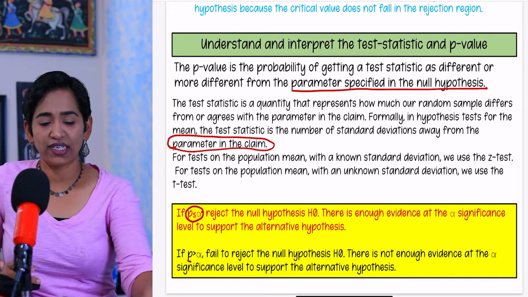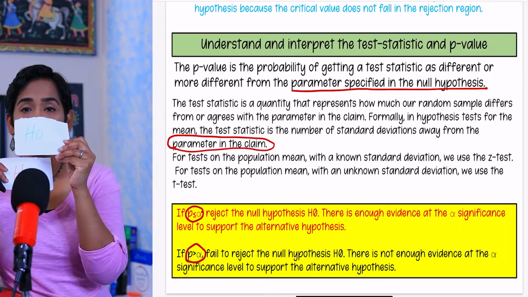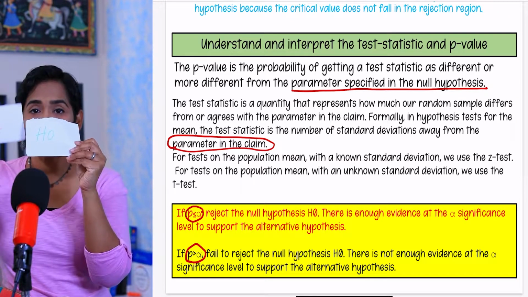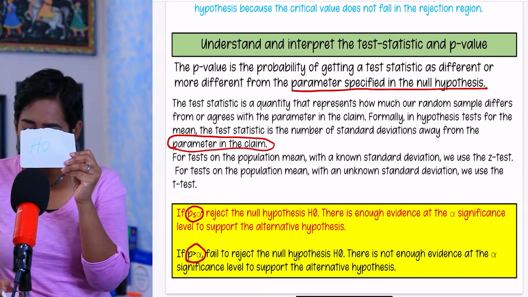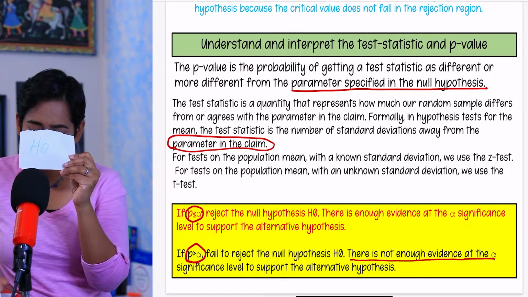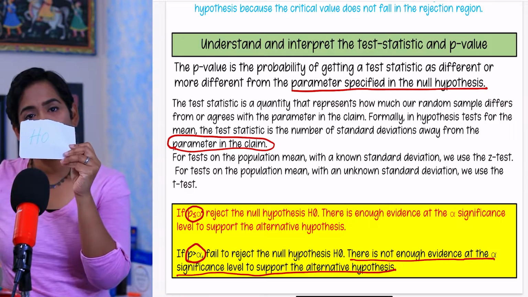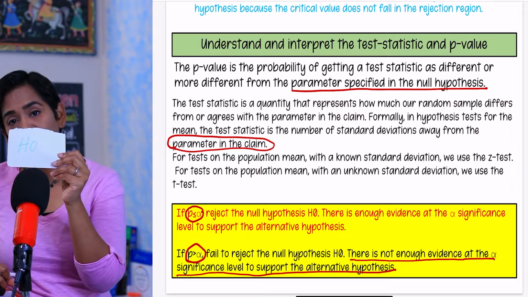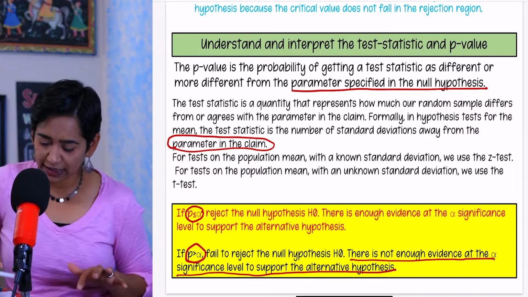If p is greater than alpha, then I fail to reject my null hypothesis. That means my alternative drops down. So that means there is not enough evidence at alpha level significance to support my alternative. I can support this one because I am failing to reject my null hypothesis. And this verbiage is very important.